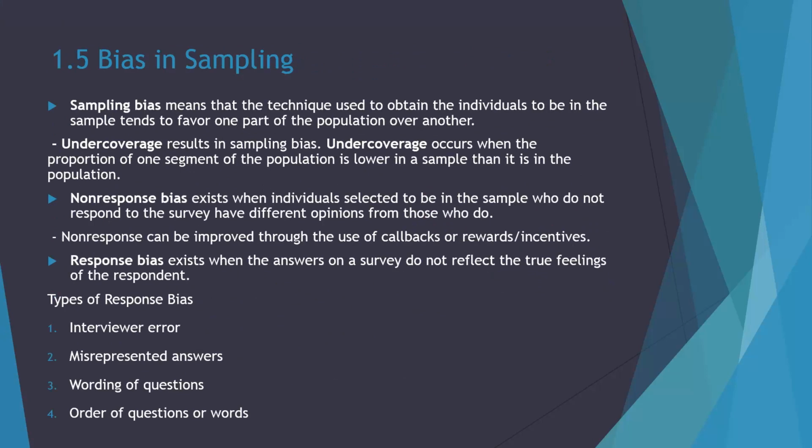The order is a big thing because it's very easy to order your questions in a way that skews what your results are going to be. It can almost make them leading and influence people to answer a certain way. You never want to do that.